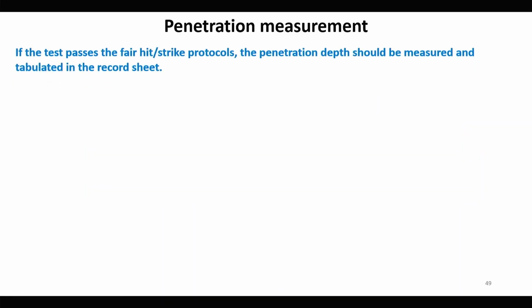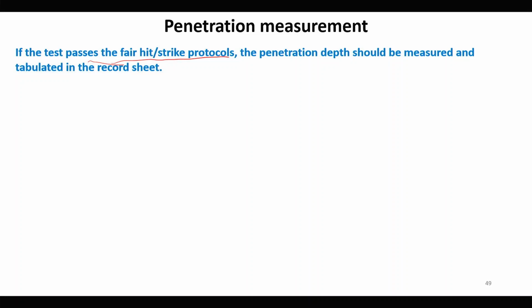Now, how to measure the penetration? First, there is a fair hit or strike protocol we are using. If the test passes the fair hit or strike protocol, first we have to see that all the previous protocols are followed.